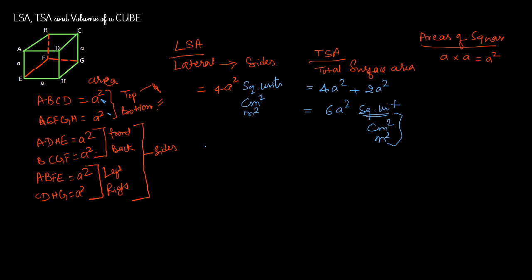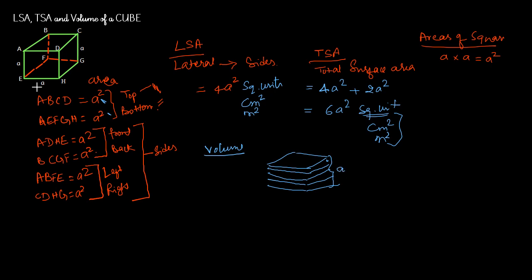Coming back to volume, let's think about it this way. If I take a square and I place another square on top or bottom, just think these squares are made of cardboard, and I place them on top of each other, in such a way that this thickness is the same unit.